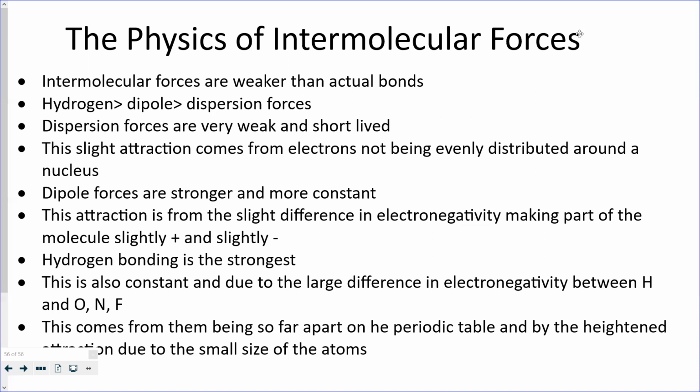This comes from them being so far apart on the periodic table and by the heightened attraction due to the small size of atoms. You're not really going to have to identify these in molecules at this level. That's more of what happens at the AP level. But you should know which one is stronger than the other. And you should be able to identify them based off of their definition only.